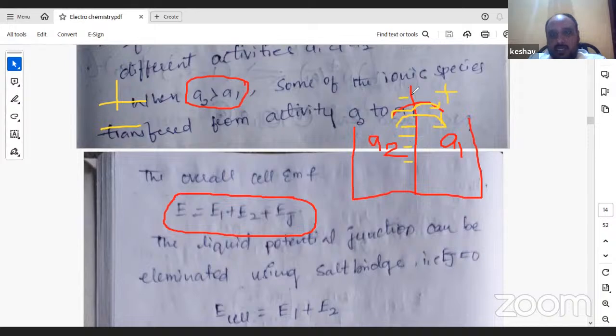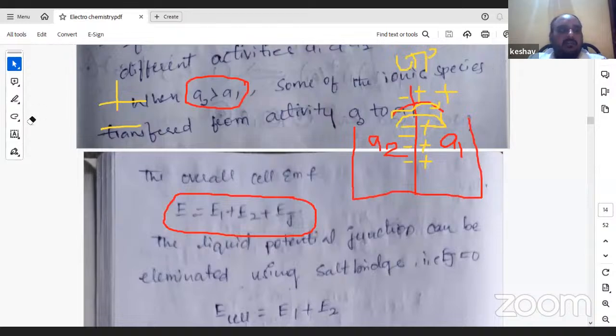The same number of opposite charged ions are deposited here. Once positive ions are transferred, the positive number here will increase. So these positive ions are also deposited at the junction. Due to deposition of these positive and negative ions, a potential develops. This developed potential is the LJP, liquid junction potential.